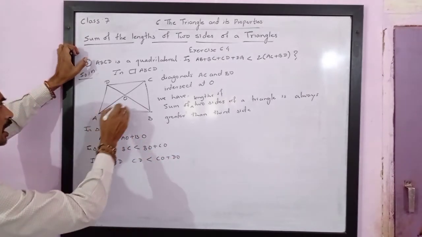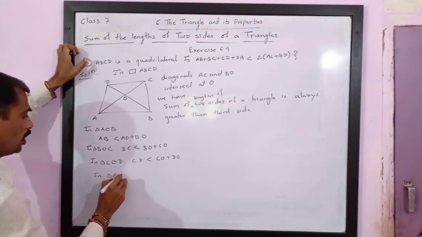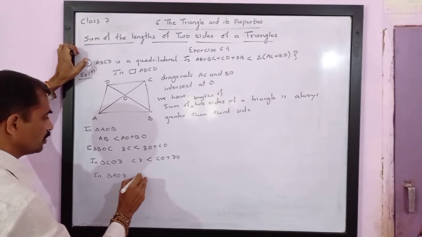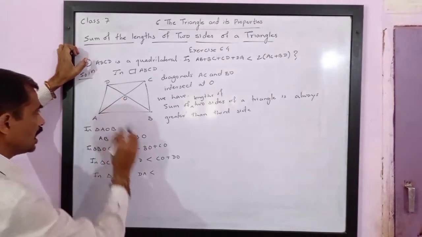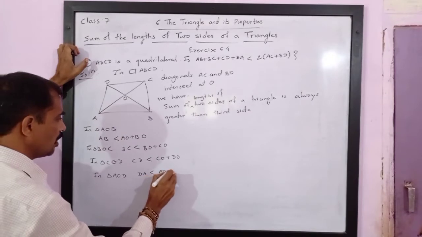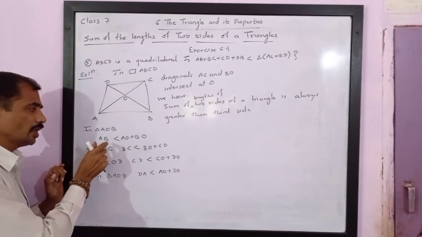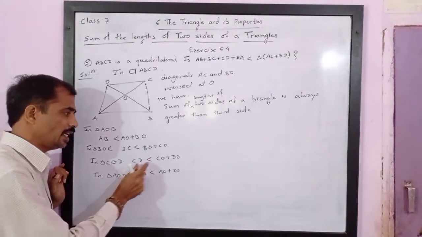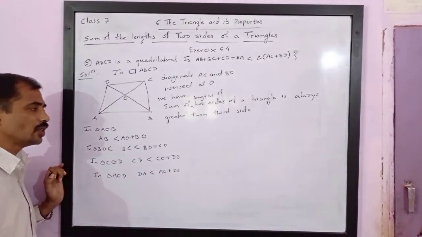And in triangle AOD, AD is less than AO plus DO. Now watch carefully. AB is smaller than AO plus BO, BC is smaller than BO plus CO, CD is less than CO plus DO, and DA is less than AO plus DO.